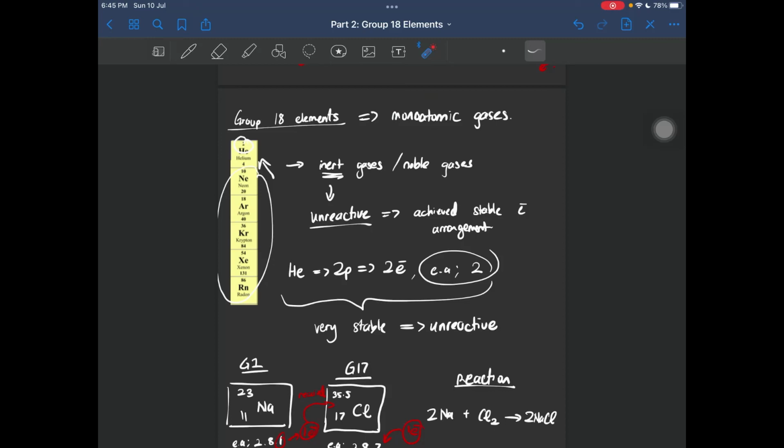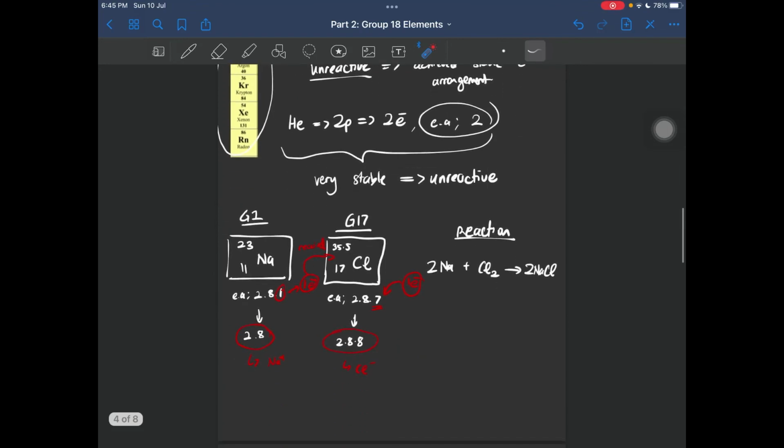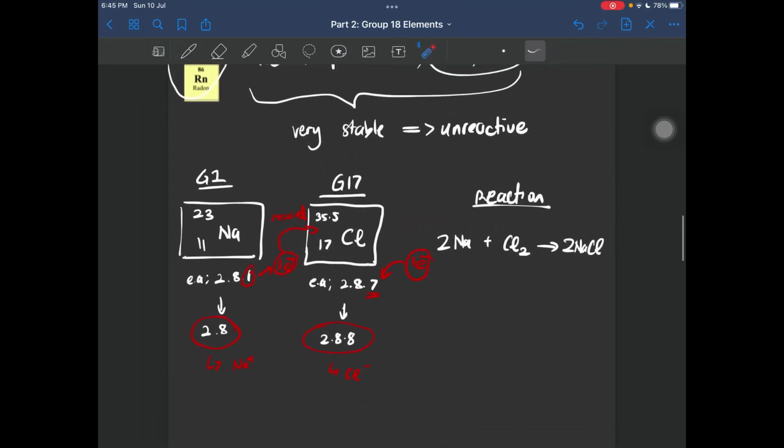And group 18 elements are also known as inert gases or noble gases, and they are known as inert gases because they are unreactive, and this is because they have achieved stable electron arrangement, where helium has achieved a stable duplet electron arrangement, while the others have achieved stable octet electron arrangement. This is opposed to other elements which are reactive because they have not achieved stable electron arrangement.